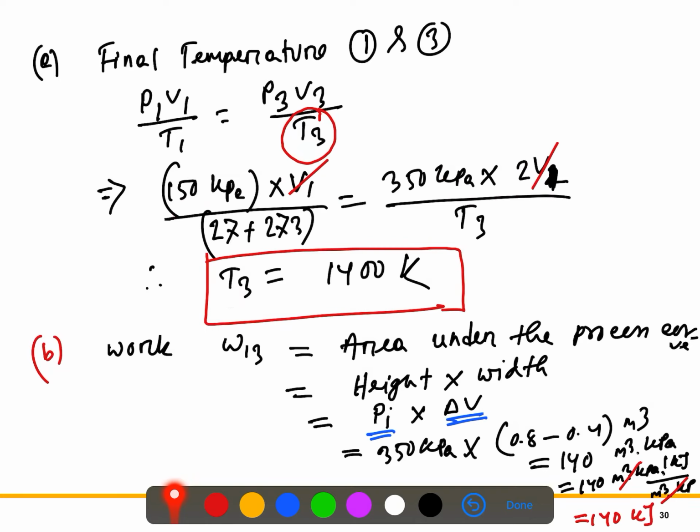For the work done, the process curve was 1, 2, 3. Underneath this process curve it is a rectangle, so we used height and width, P and delta V. P is the pressure and delta V is the volume change.